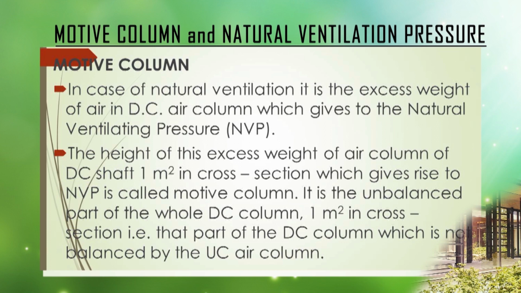This is the air column, meaning the unbalanced height of air, and using the formula P = ρgH, where ρ is the density of air, g is 9.8 meter per second square and H is the motive column, we can calculate natural ventilation pressure.